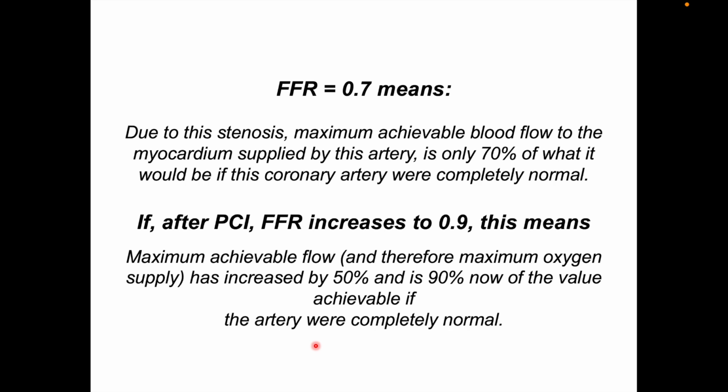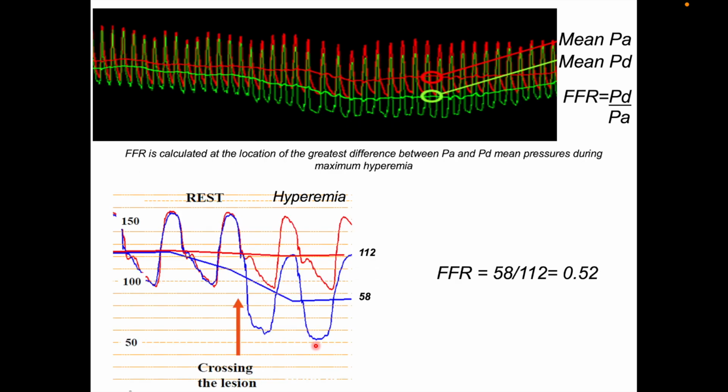It means that due to this stenosis, the maximum achievable blood flow to the myocardium supplied by this artery is only 70% of what it would have been if this coronary artery was completely normal. So now, instead of 100%, 70% blood flow is going across the stenosis. That is FFR of 0.70.